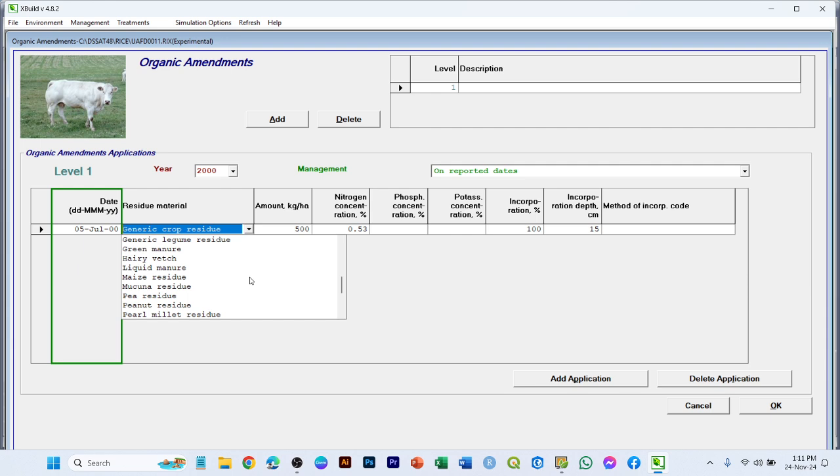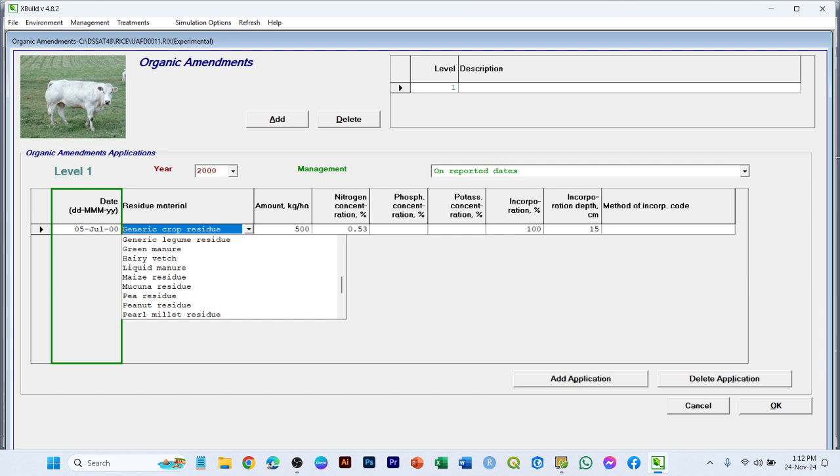Clear? If we don't use any, we can simply leave it. Simply, you don't even have to look at these options, because in initial conditions you have already mentioned what types of residues already exist in the soil. So no need to go over there. Got my point? Clear?